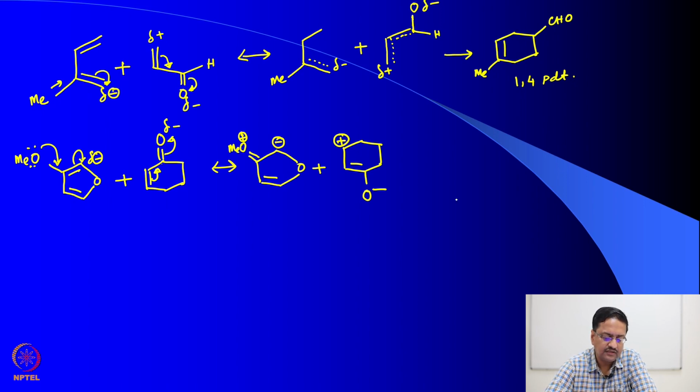Right. So, now when the reaction happens, it gives you the endo product, if you try to remember. Then we should draw the product accordingly.